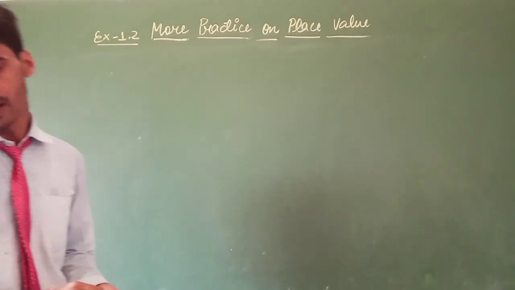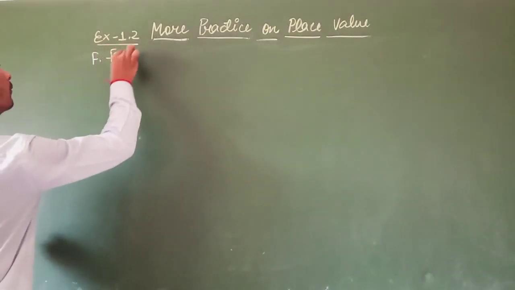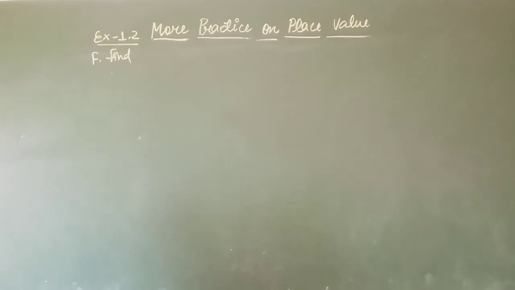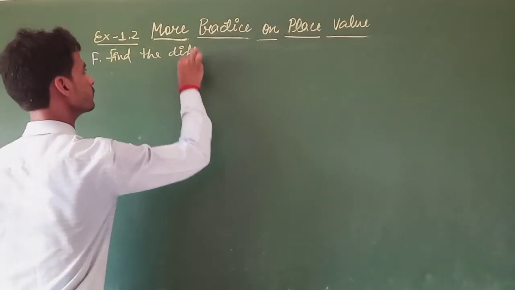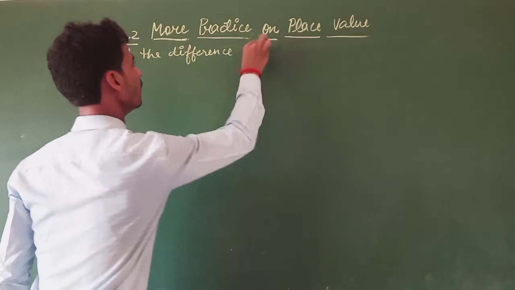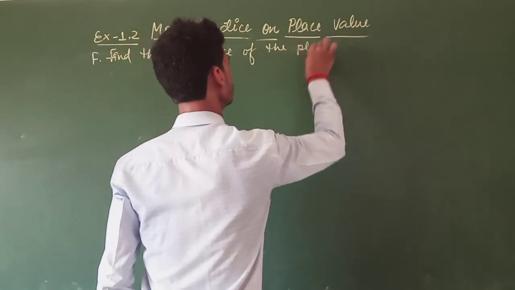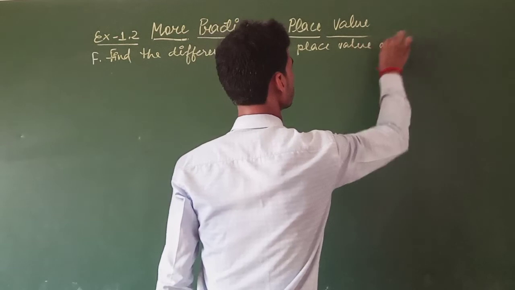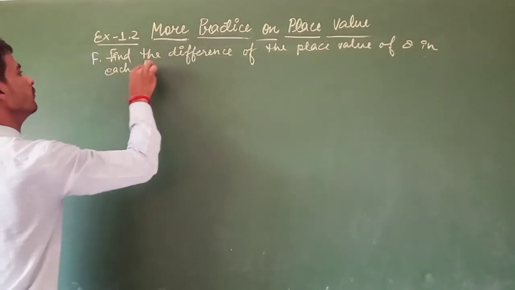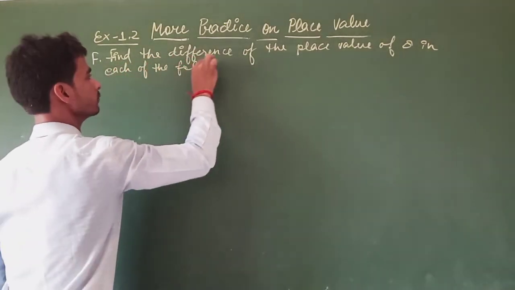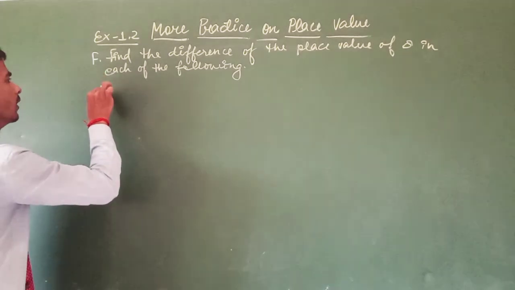Okay. Now come to the next question. The next one is: find the difference of place value of 8 in each of the following. Question number first is 8181.